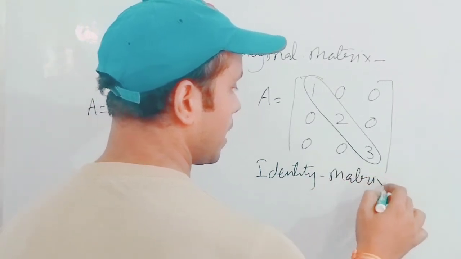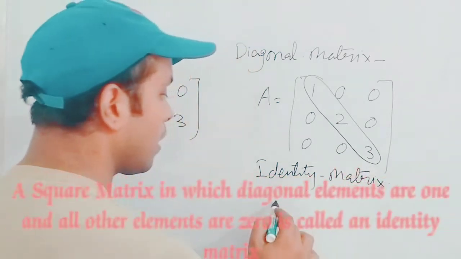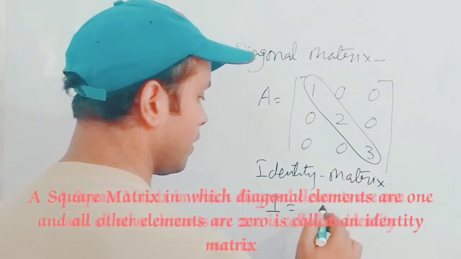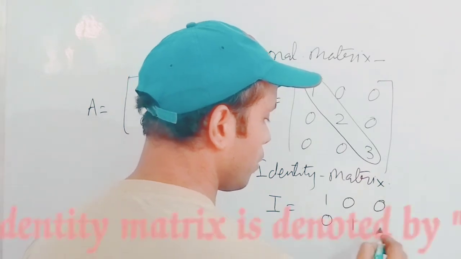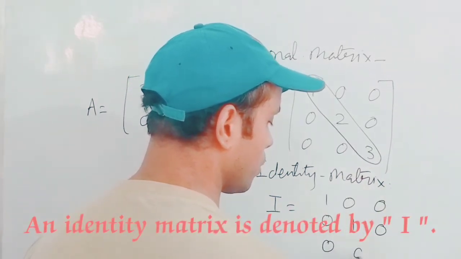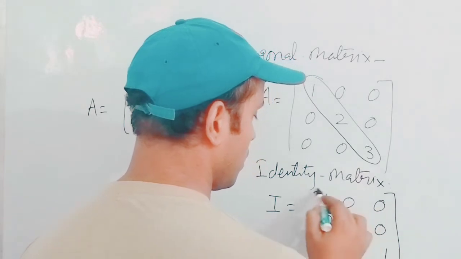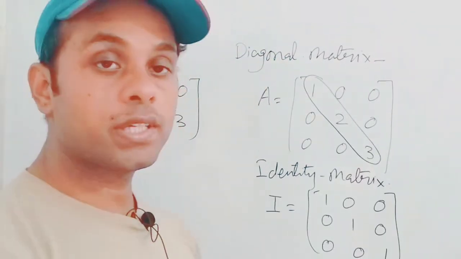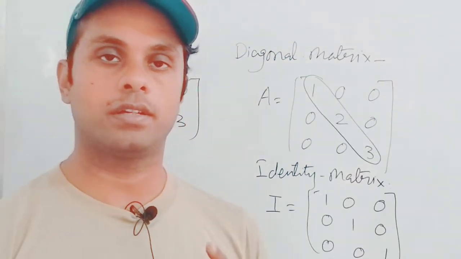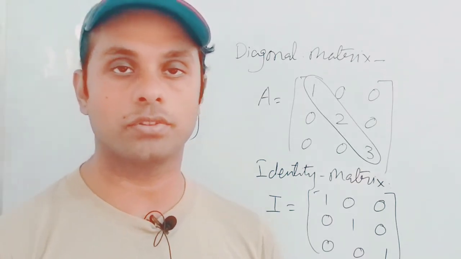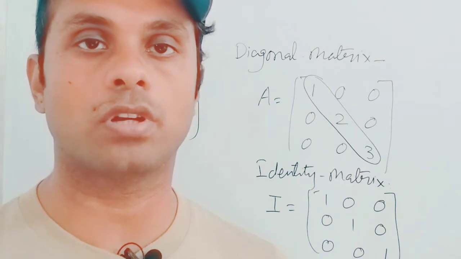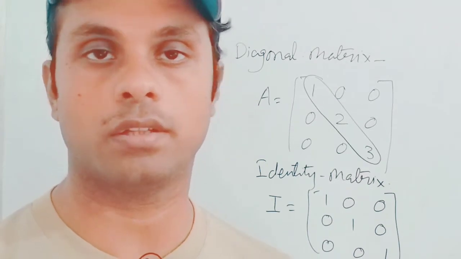An identity matrix is denoted by capital I. So 1 0 0, 0 1 0, 0 0 1. So what is an identity matrix? A square matrix in which all the non-diagonal elements are 0 and diagonal elements are always equal to 1.